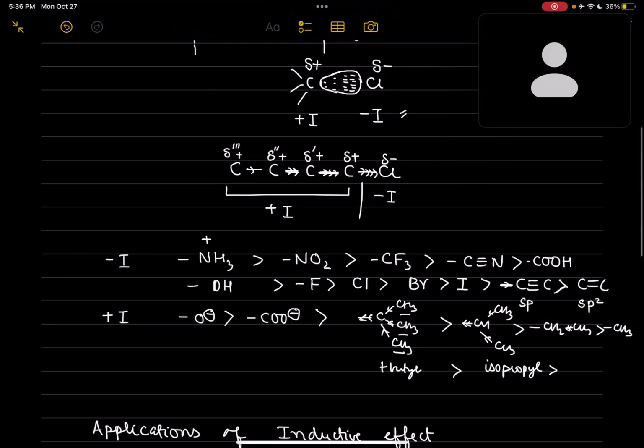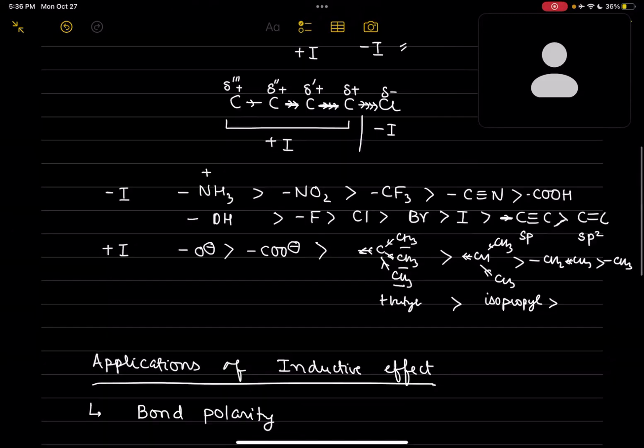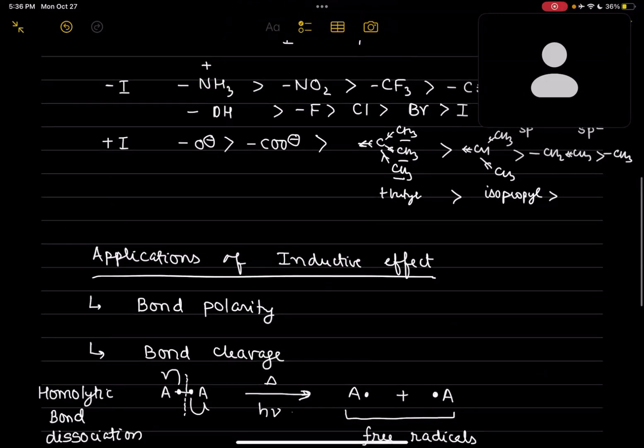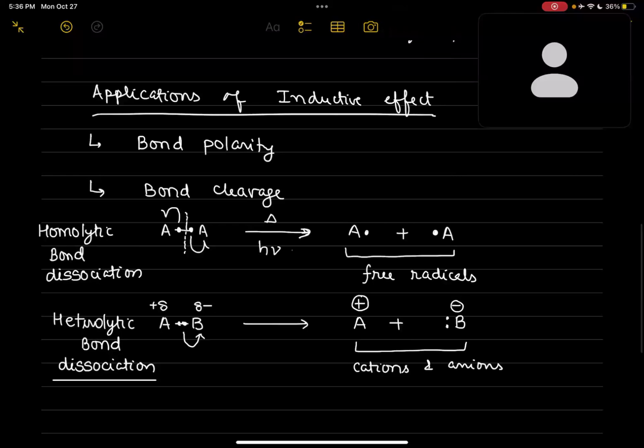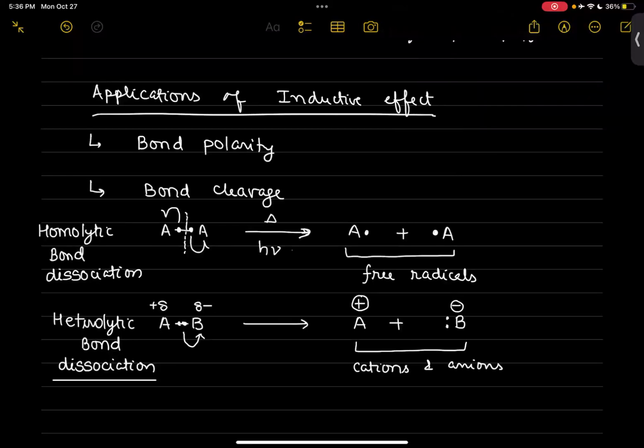And the alkyl groups or the negatively charged groups exert plus I effect because they are not electronegative. And this can cause bond polarity. Is it clear? This can bring the polarity in the bond. And bond polarity, polar means the separation of charges is taking place.